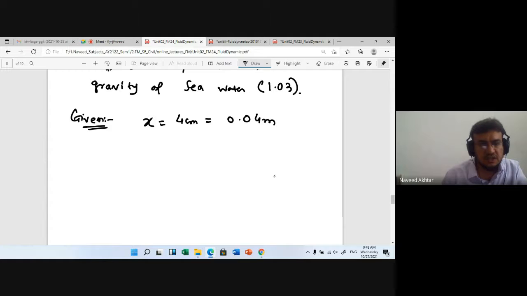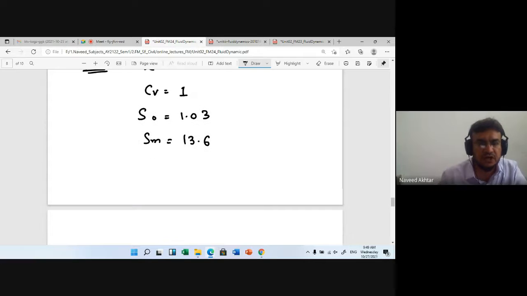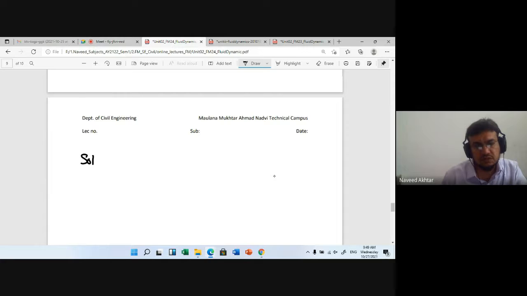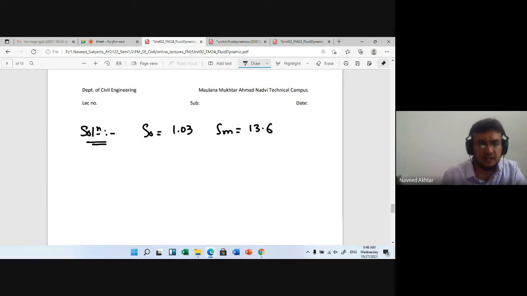CV is given as 1. The specific gravity of seawater, where the fluid is flowing, SO is 1.03, and the specific gravity of mercury, the manometric fluid, SM is 13.6. So here SM is greater than SO.